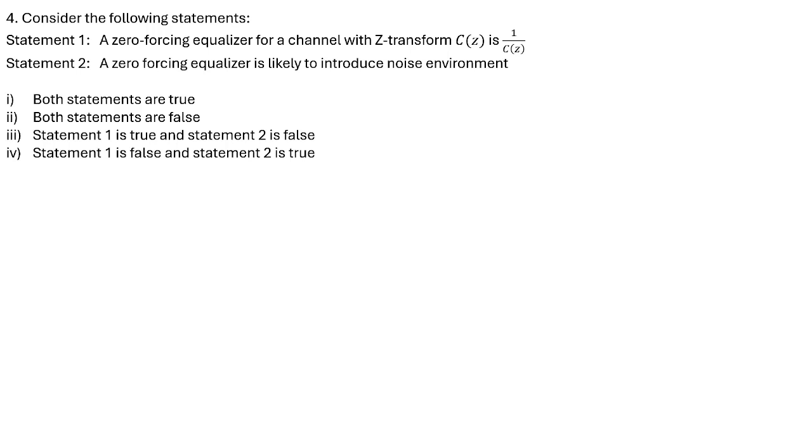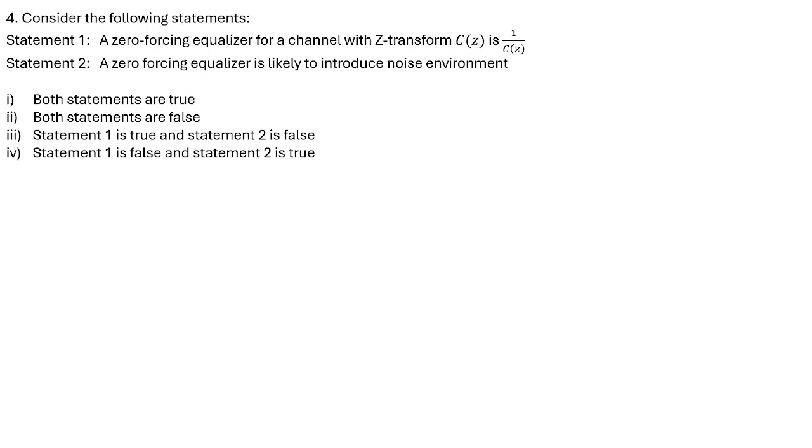And what the equalizer does is that it tries to nullify the impact of the channel. Whatever the channel does, it tries to do the opposite, with the goal of achieving the transmitted signal in its original value.